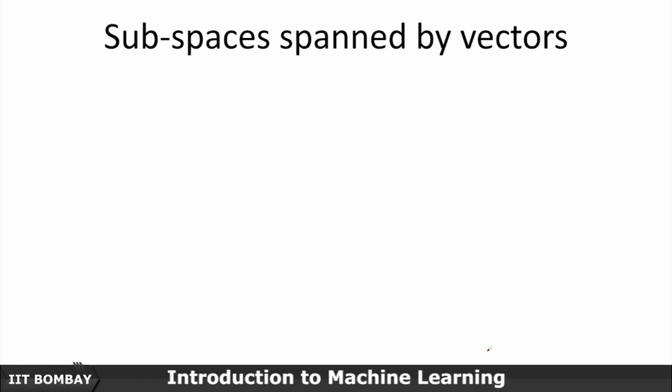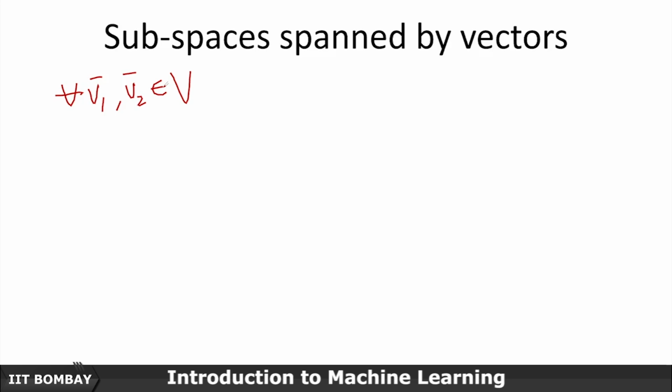Now, next thing that we will talk about is subspaces that are spanned by vectors. First, let's talk about what is a vector space. Let's say we have a set of vectors V, a big V, which contains many vectors, and let's say for all V1 and V2 that belong to this set, if two conditions are satisfied, then it is a vector space.